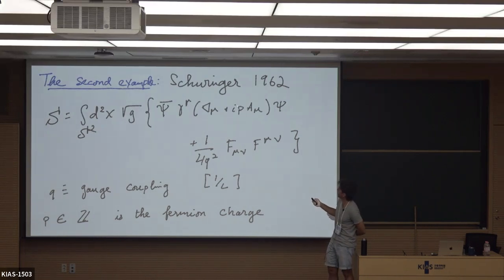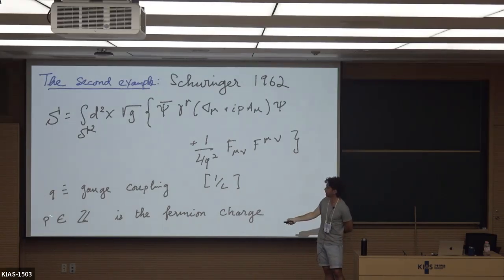I'm now allowing the gauge field coupling to be so this number P in front of A is the charge of the fermion in fundamental units. And P has to be an integer because I'm taking the manifold, the U(1) of the gauge group, to have volume 2 pi. P measures the charge of the fermion on that manifold, so P has to be an integer.